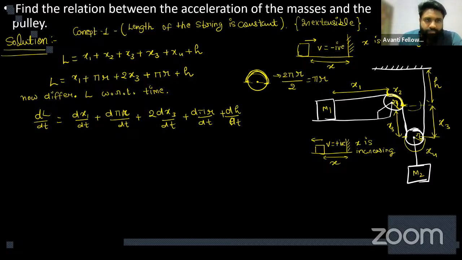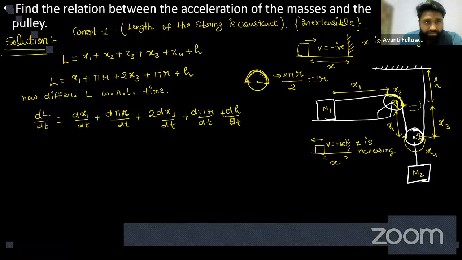Now, what about this dL by dt? The length of the string is not going to change. The very first concept that we have learned so far. Okay. So the length of the string is not going to change, so this dL by dt becomes 0. And which other terms will be 0? d pi r by dt will also be 0, because this length, I have told you, is the same, not changing.